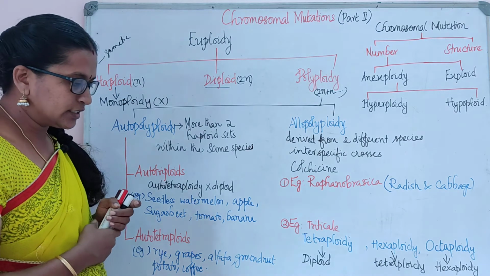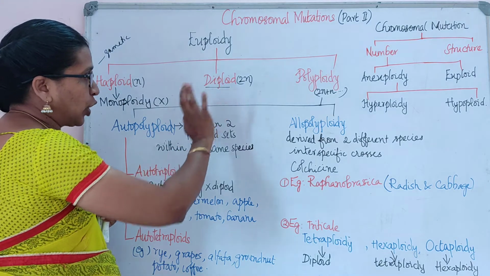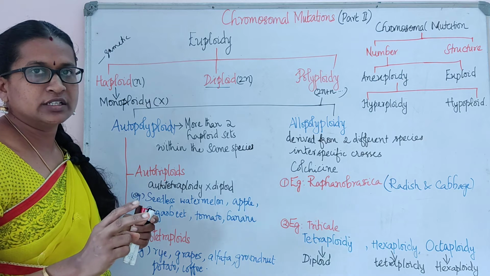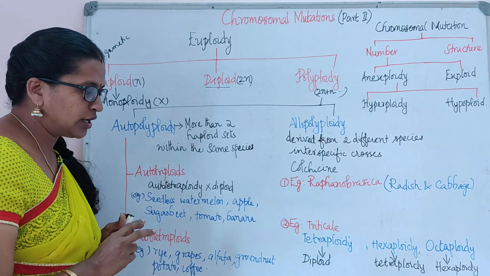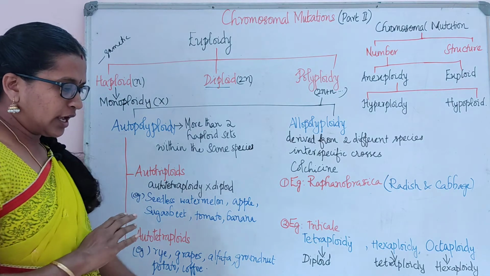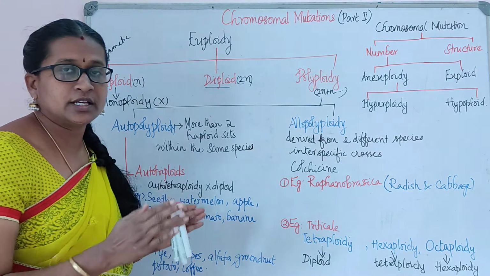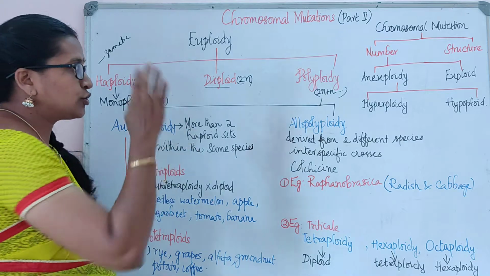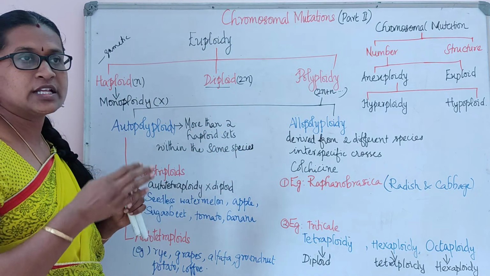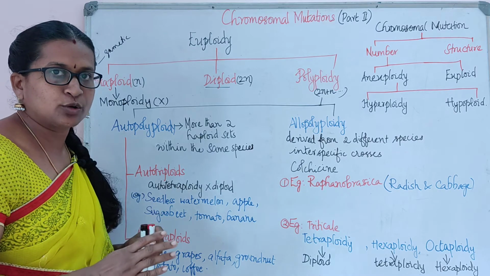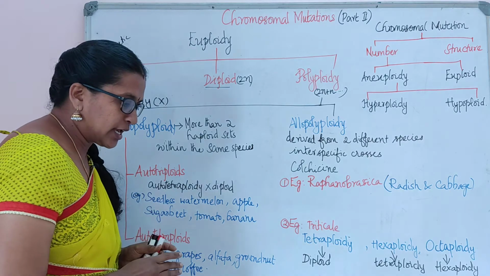If an organism is a true diploid, there is no disturbance, and the monoploid and haploid chromosome numbers are always the same. That is what I told you earlier. If it is a true diploid, then the haploid number and the monoploid number of that particular chromosome will always be the same.